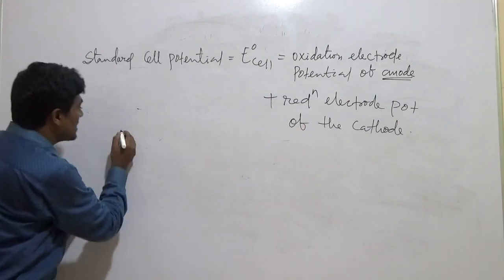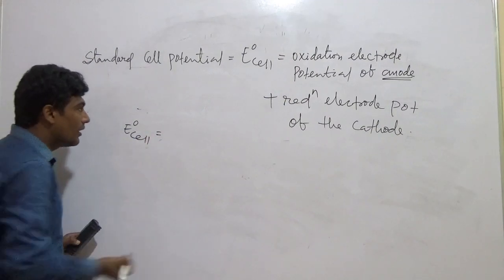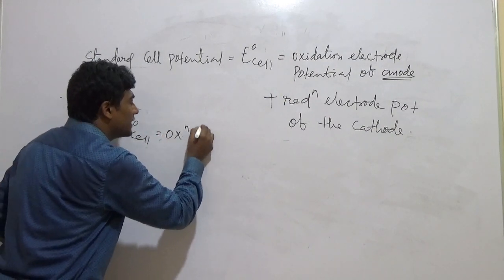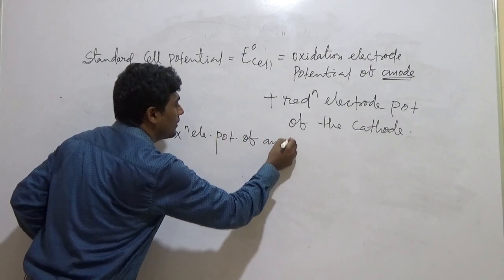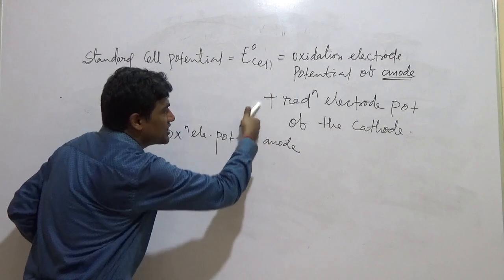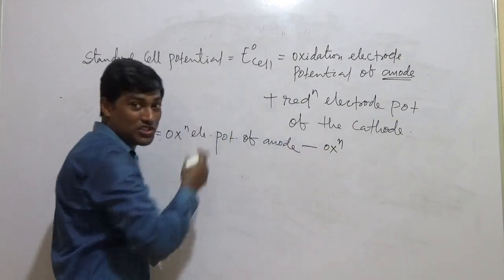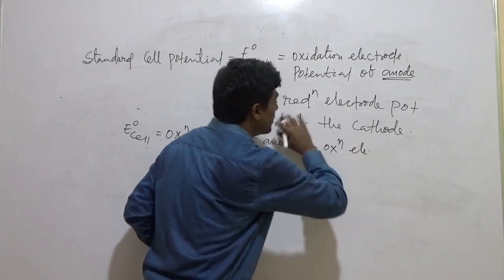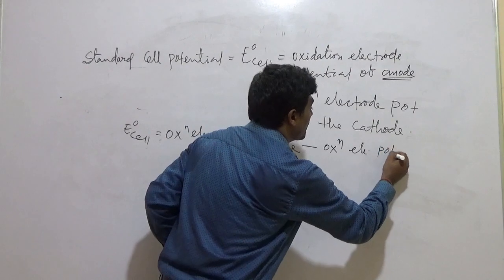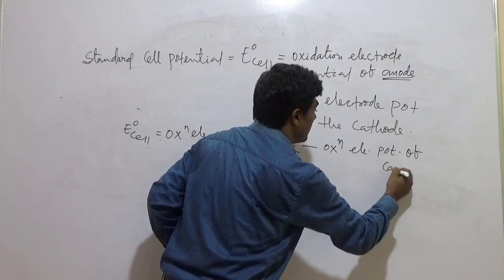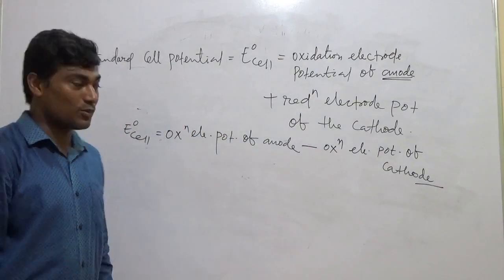So I can write E°cell is equal to the oxidation electrode potential of anode, and when I change this positive to negative, this reduction once again is changed to oxidation. All other terms remain there: oxidation electrode potential of cathode. This is another formula.